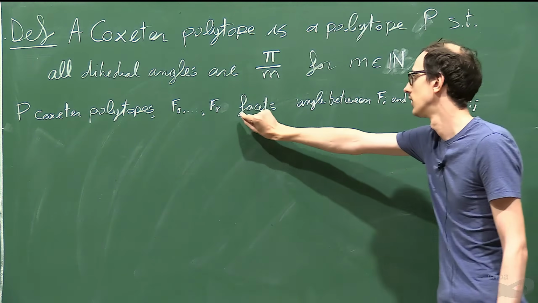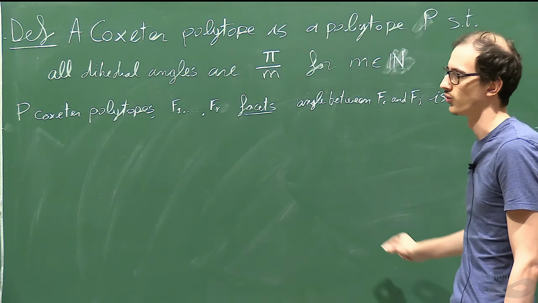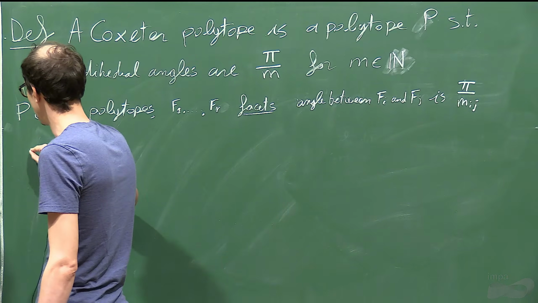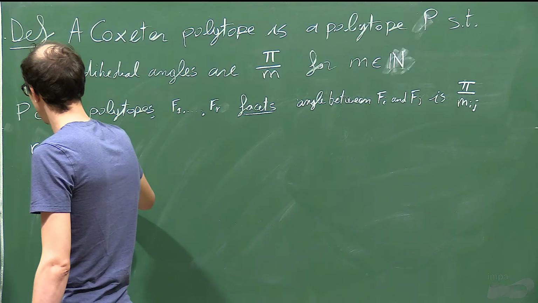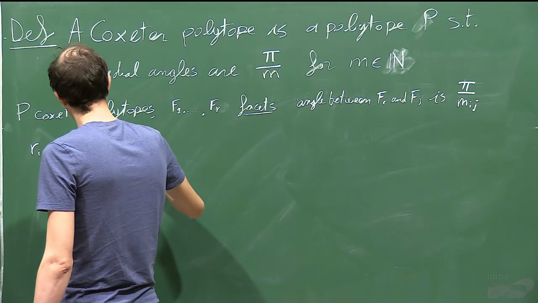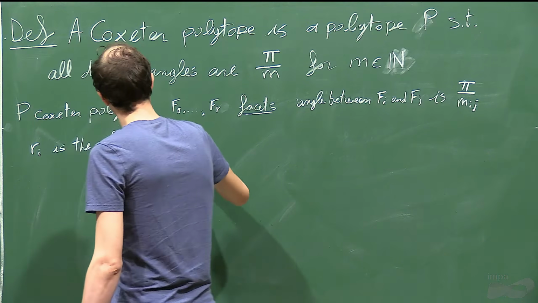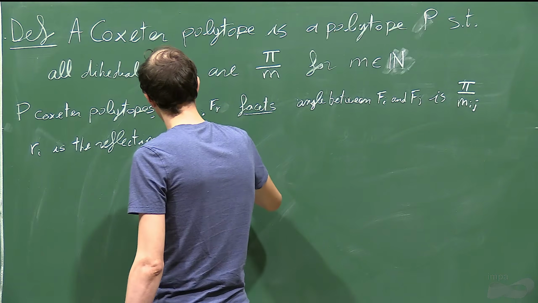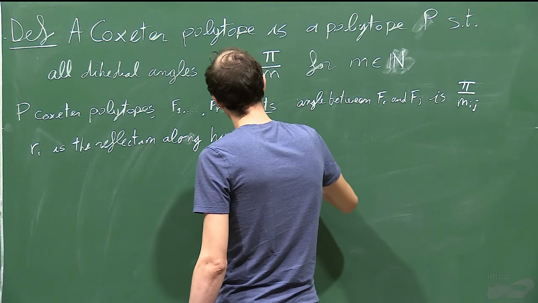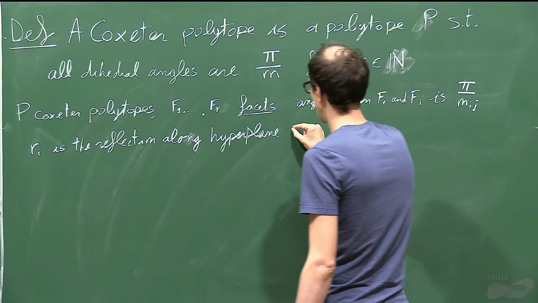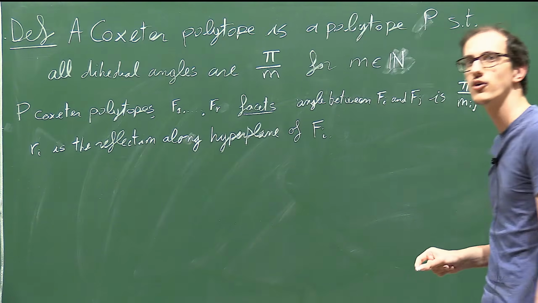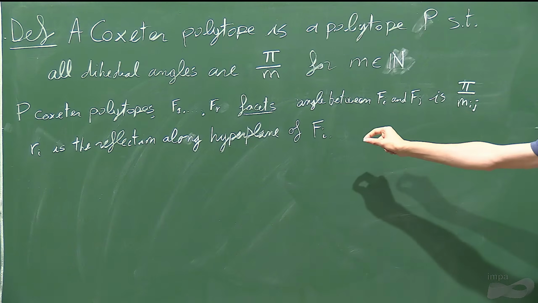So every facet corresponds to a hyperplane in the hyperbolic space. And so we can associate to it the reflection Ri, which is the reflection along the hyperplane defining Fi. And we can consider the group generated by all the reflections along the facets.